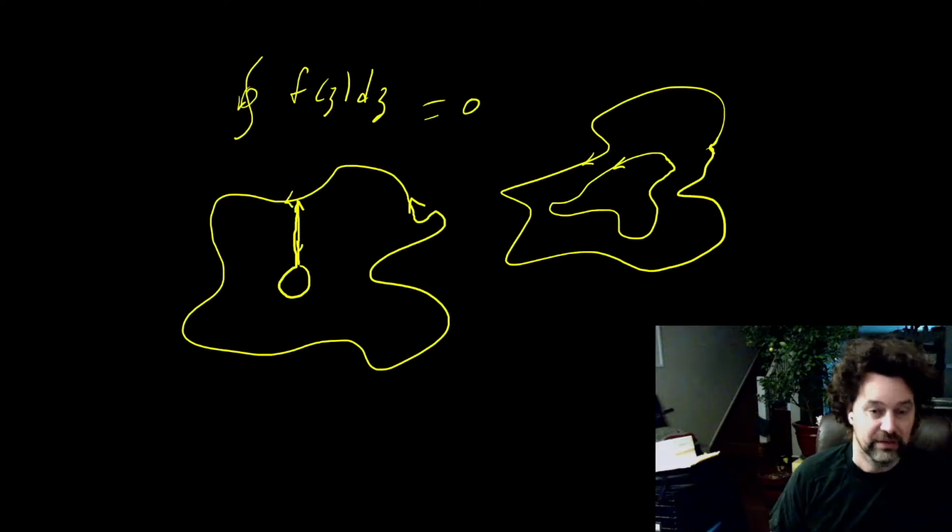Presuming you're still integrating around an analytic domain, we have a contribution to the integral from this downwards portion of the path, but that's going to be exactly canceled out by the contribution coming back up, infinitesimally close to that on the other side.